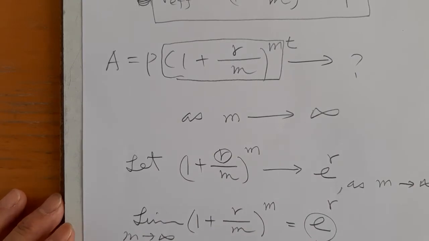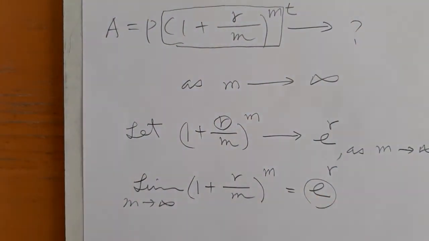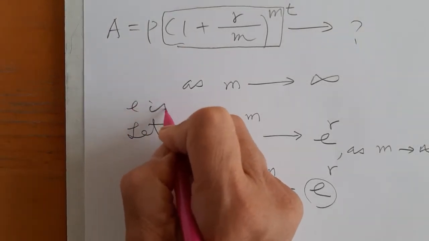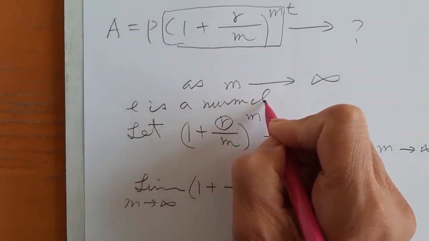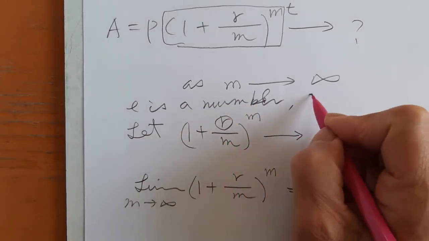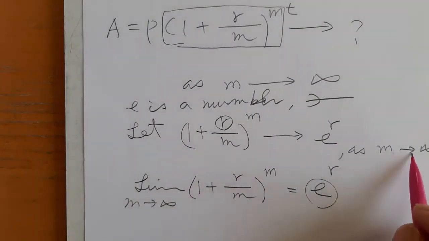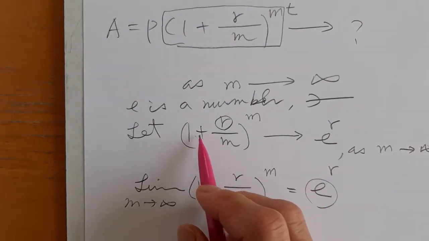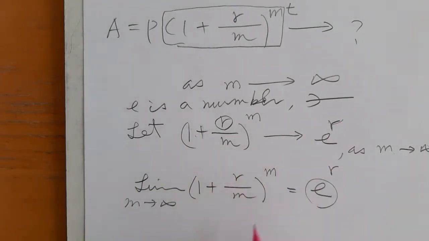So what is e? We have talked about e, the natural number, before, but we didn't define what e is. So here's the definition of e. E is a number such that when m approaches infinite, this number approaches e to the power r.